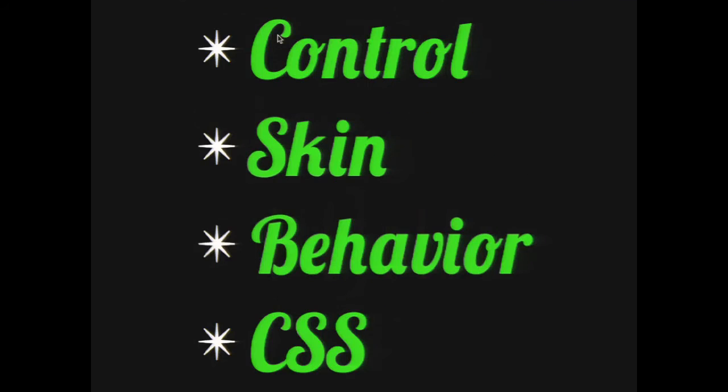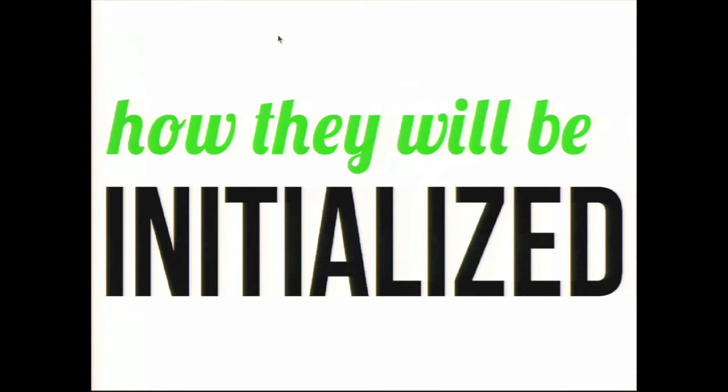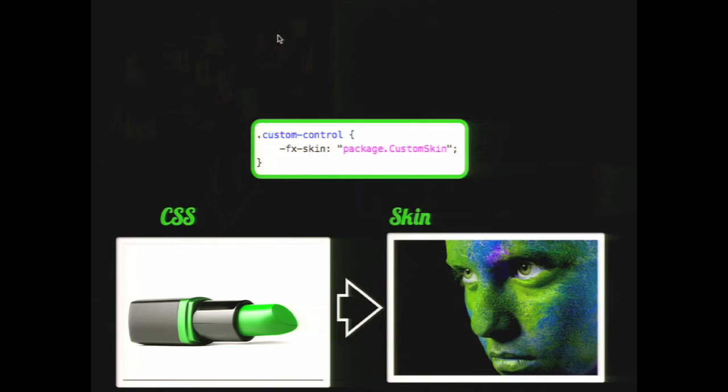So yeah, we have the gang of 4. We have control, skin, behavior, and CSS. And how will they be initialized? So the initialization works like this. You have the control. The control looks up the CSS file, and it knows its default style. Then it looks up the style, the skin class here, this is the style class, and here's the skin, and you need the whole package information.